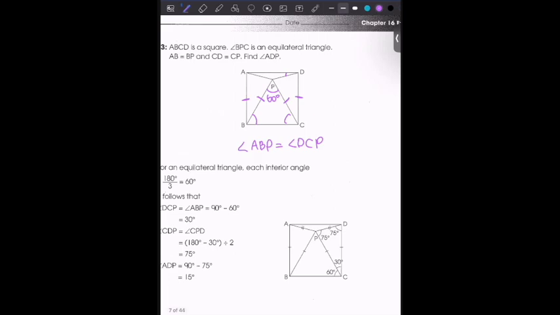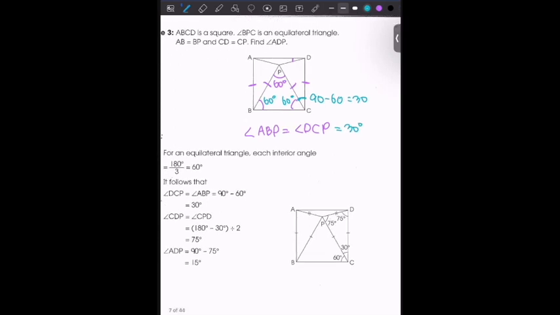And since we have a square ABCD, we know that each angle is 90 degrees. But then since we know that this angle is 60 degrees, this angle must be 90 degrees minus 60, which is going to be 30 degrees. So both angle ABP and DCP are going to be 30 degrees.